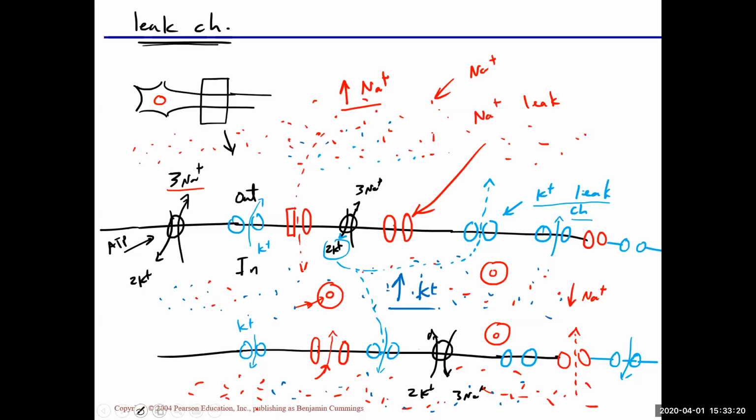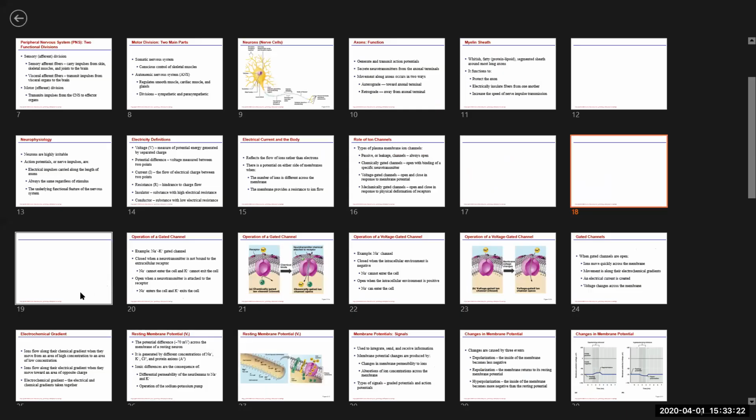Another type of channel that you might see a little bit later on happens to be the chemical gated channel, which you're familiar with. A chemical gated channel happens to be on the dendrites and on the soma, the cell body.